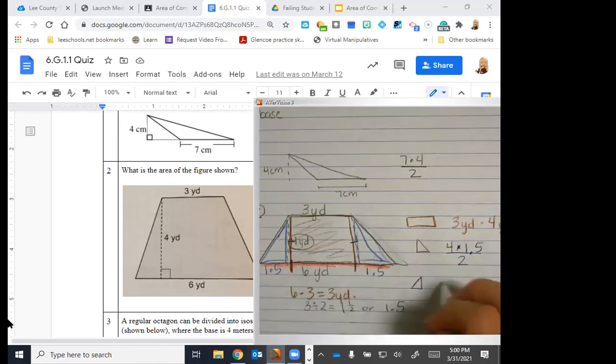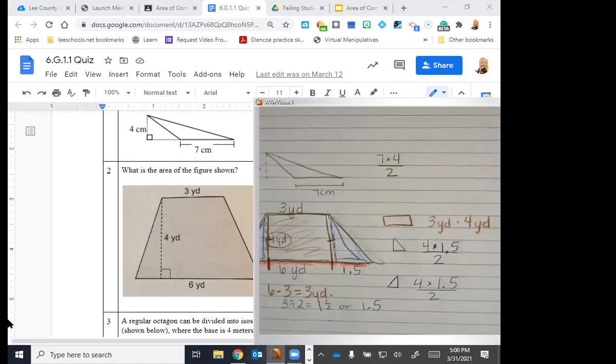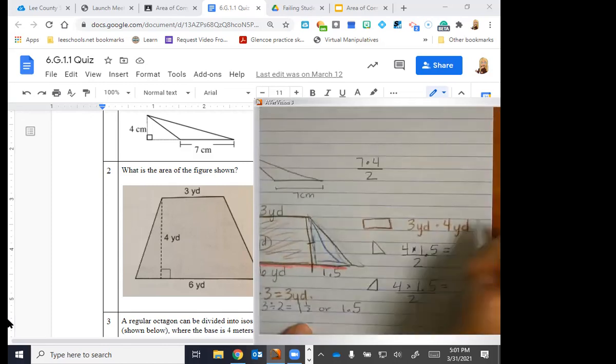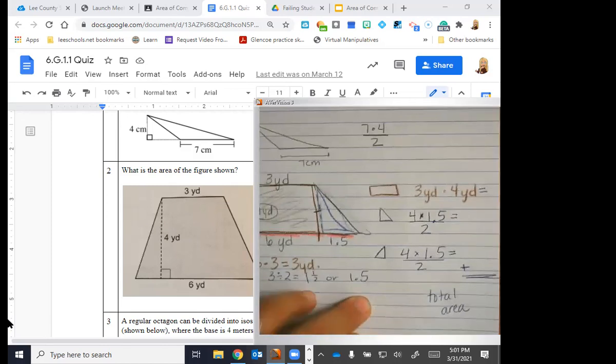So far you have 3 math problems to solve. You're going to do 4 times 3, 4 times 1.5 divided by 2, and 4 times 1.5 divided by 2. And when you have all of those answers, you're going to add them up. That will give you your total area.